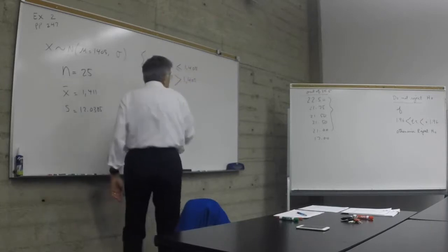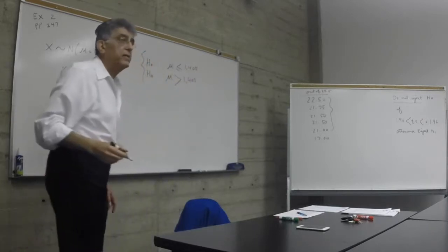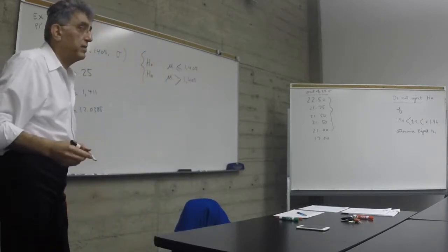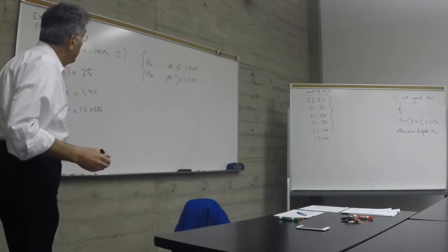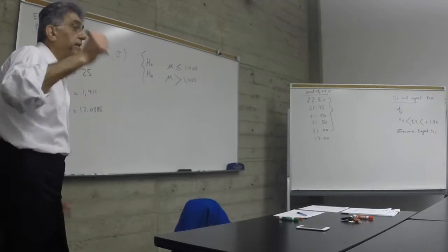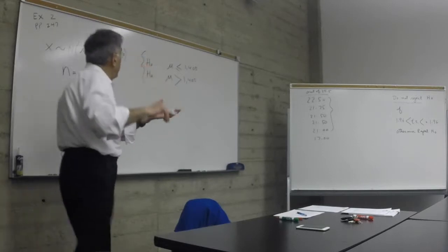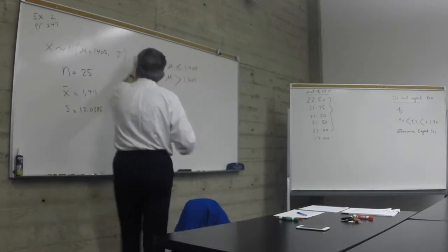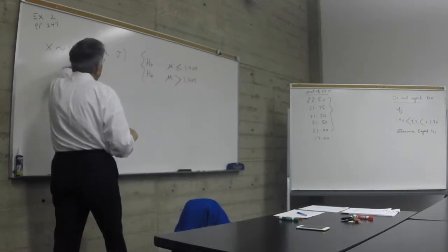That's how you analyze and formulate the null and alternative hypotheses. The key word is whether the modification of the light bulbs increased life expectancy from 1405.